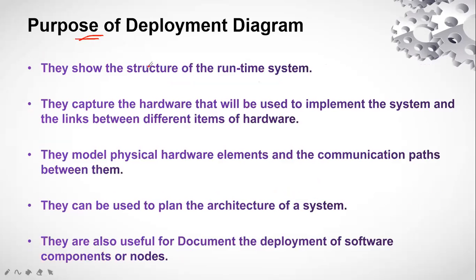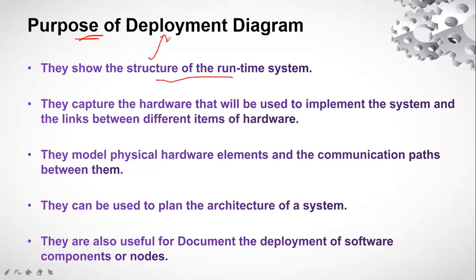All right, now let's see what the actual purpose of the deployment diagram is. The purpose is, first of all, to show the structure of the runtime system. That means it will give you a complete overview of how the system is structured and how all the components are organized when the system is in running condition, or in processing condition. That structure can be shown with the help of this deployment diagram.